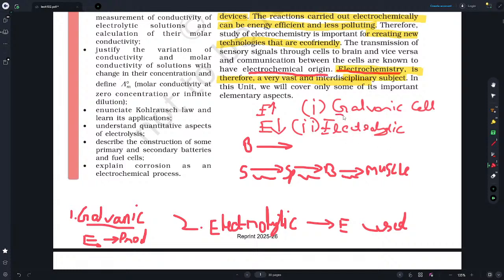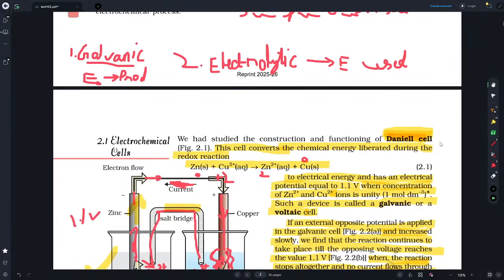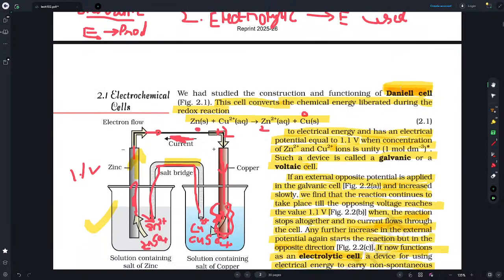In galvanic cells, we produce electricity from spontaneous chemical reactions. In electrolytic cells, we conduct non-spontaneous chemical reactions using electricity. These are the two types of electrochemical cells.